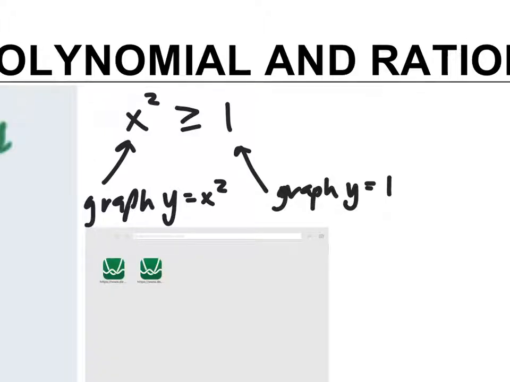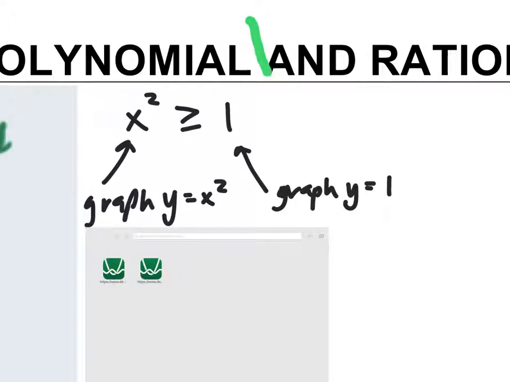I've graphed those in Desmos, and what you see here is the graph of x squared and the graph of y equals 1. Now what we're trying to figure out is when is x squared greater than or equal to 1? I'm going to highlight that here in green.